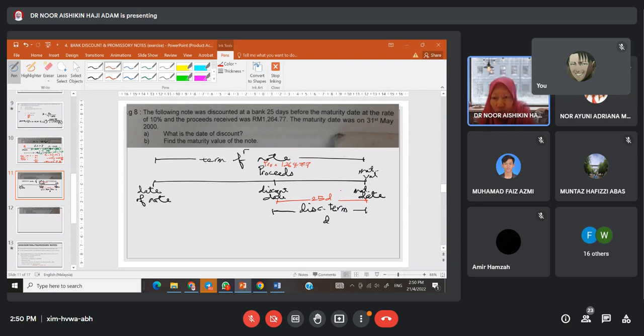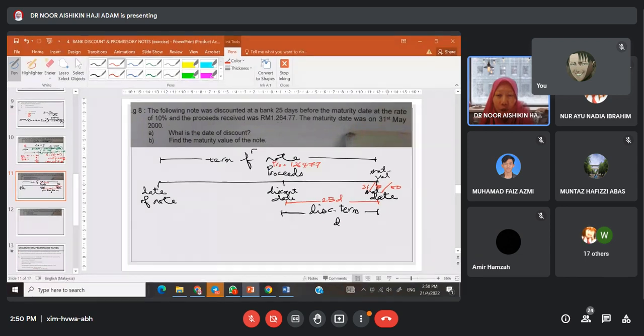The maturity date was 31st May 2000. So sini 31st May 2000. What is the date of discount? How can we find the discount date? Kelas?